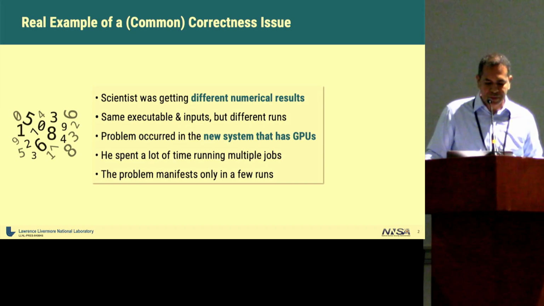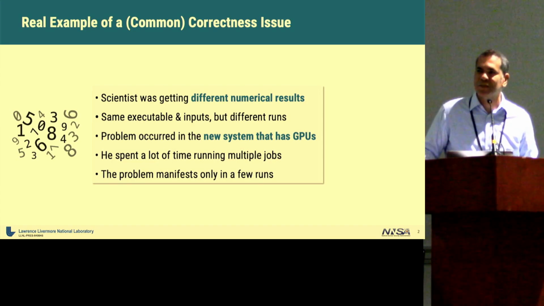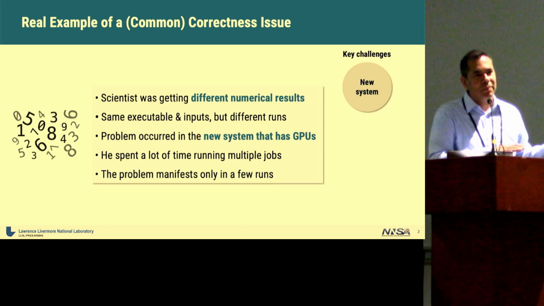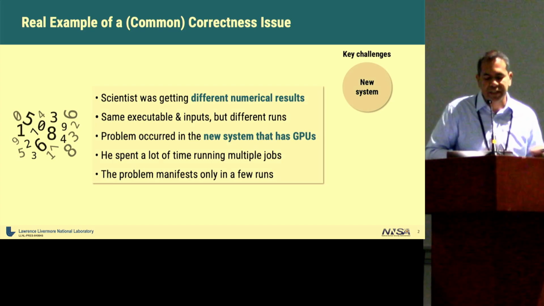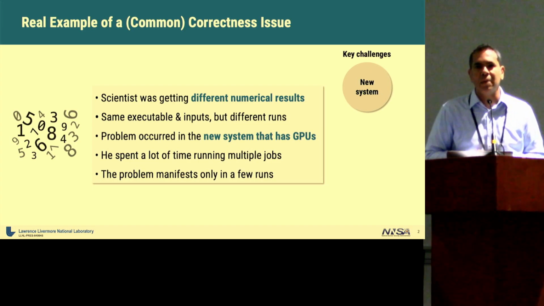I like this example because it shows some of the challenges and some of the characteristics of correctness problems that we commonly see in the Compute Center. The first challenge is that this problem happened when he ported the code to a new system. In this case, he was using a GPU, but it's not uncommon to see correctness problems happen when code is ported to a new system.